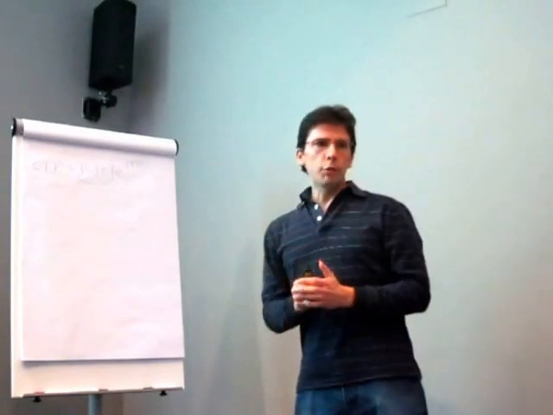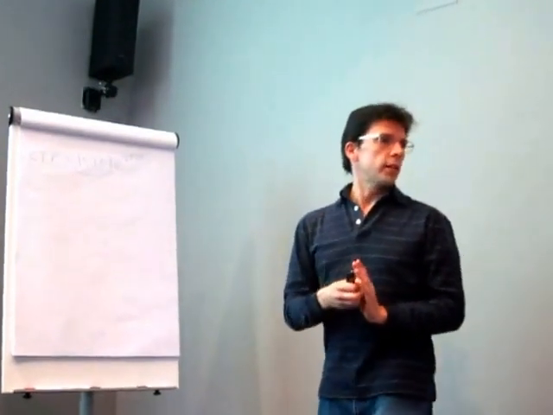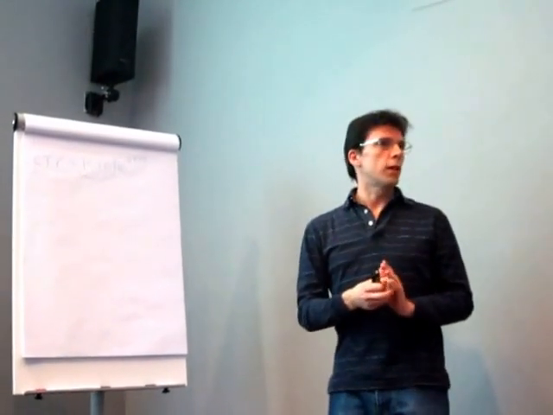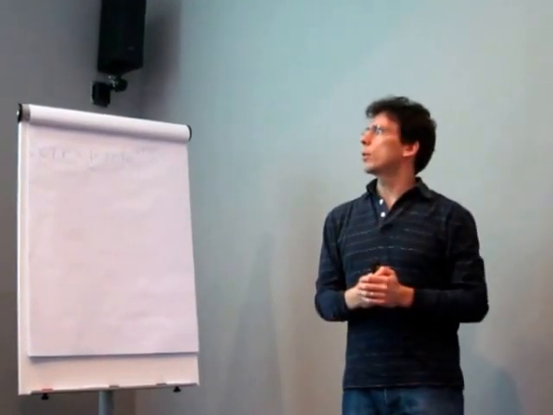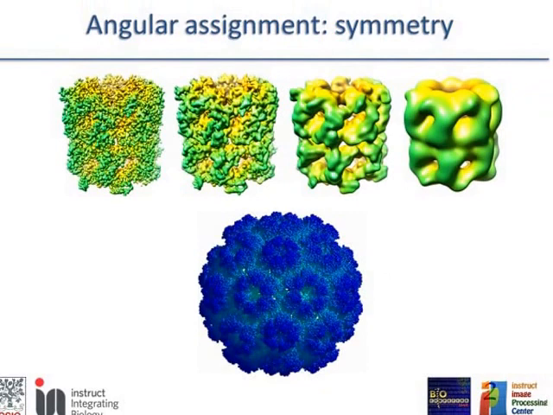If you have a symmetric particle, then the problem is simplified because you don't have to reproject from absolutely all projection directions. For instance, this is GroEL, so it has D7 symmetry. D7 means that if you rotate this by 360 divided by 7, you get the same volume, and if you turn the volume upside down, you get again the same volume.